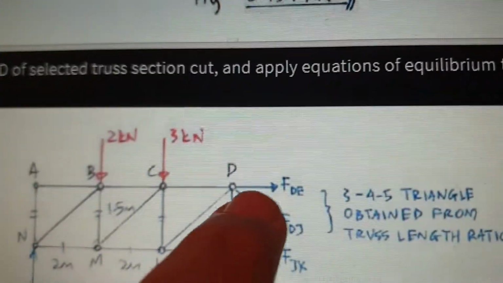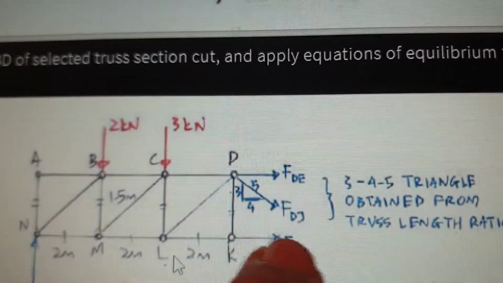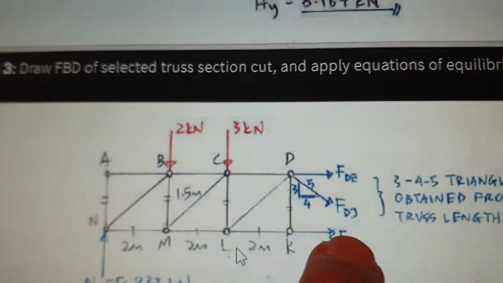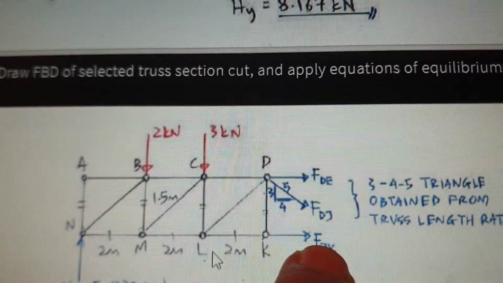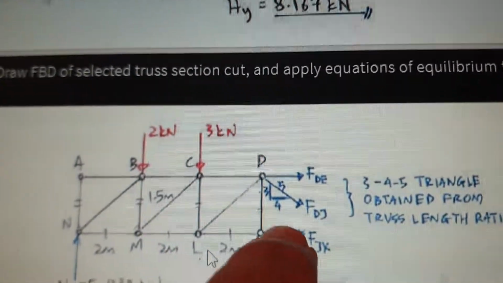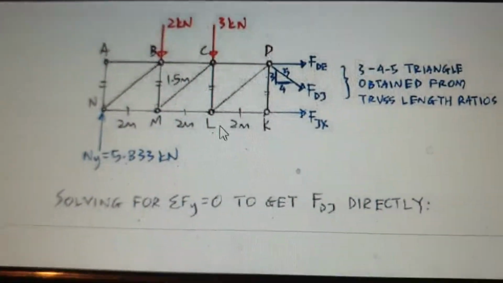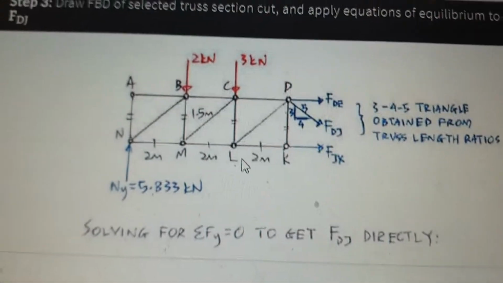So the best here, remember, we should not take summation of moment at Y equal to 0, because this is X unknown, X unknown. Take summation of forces at Y equal to 0 to get FDG directly.